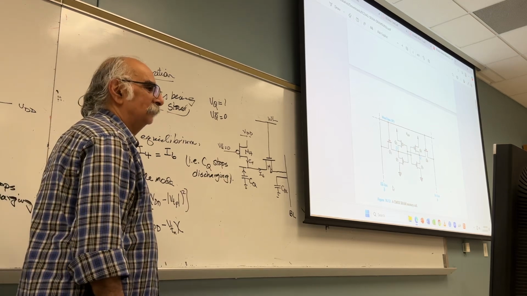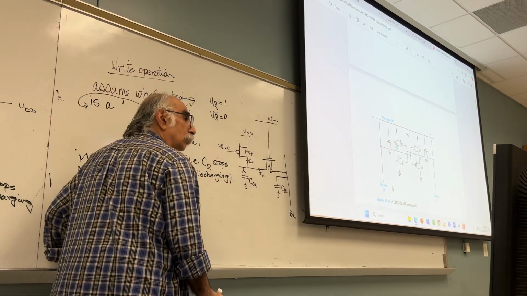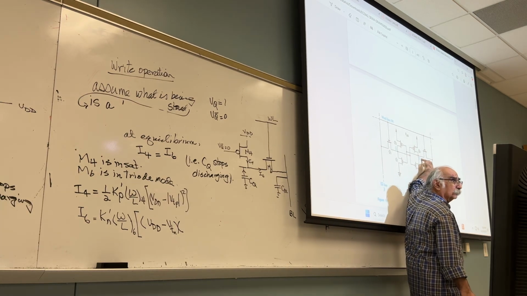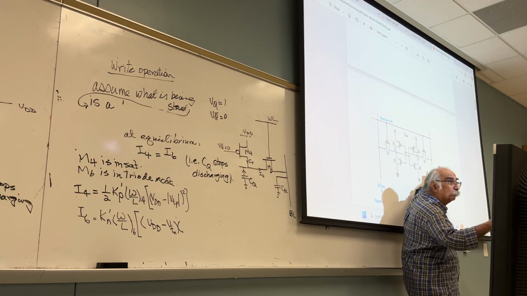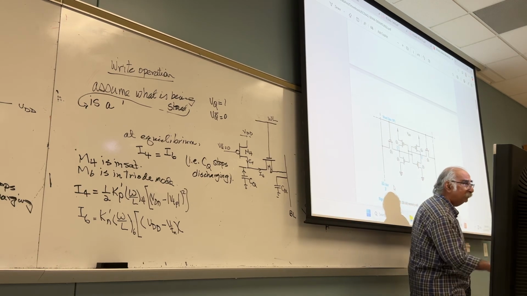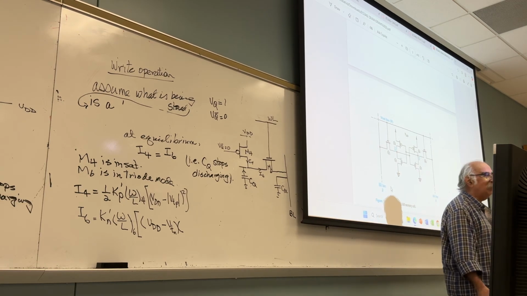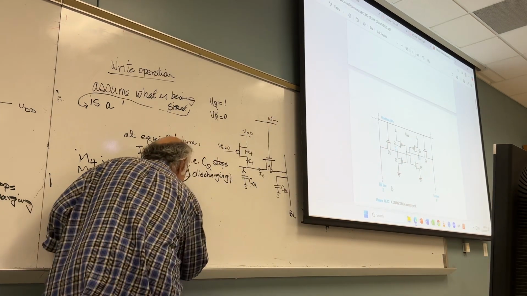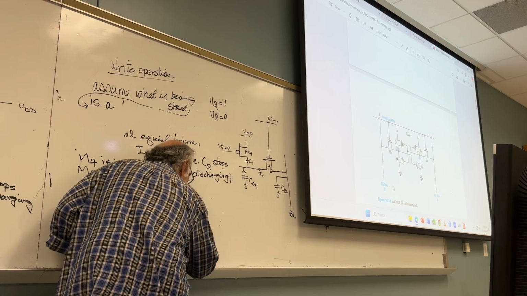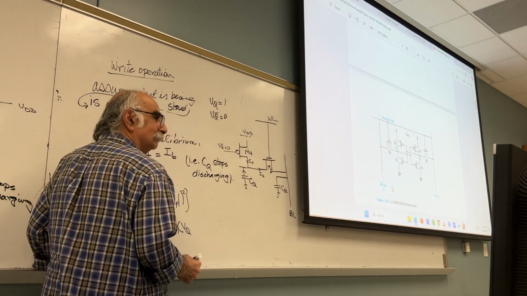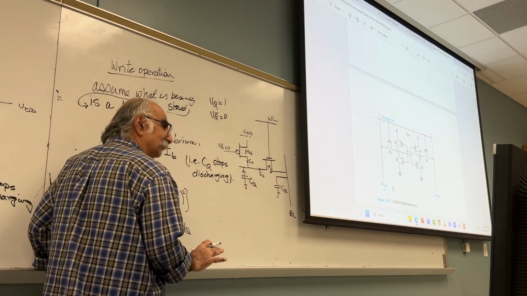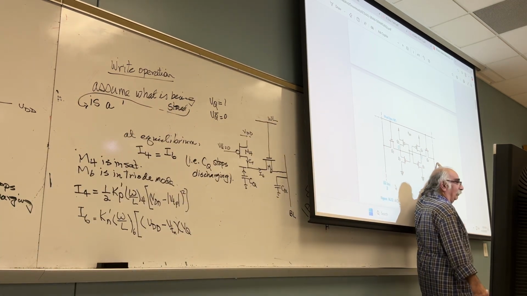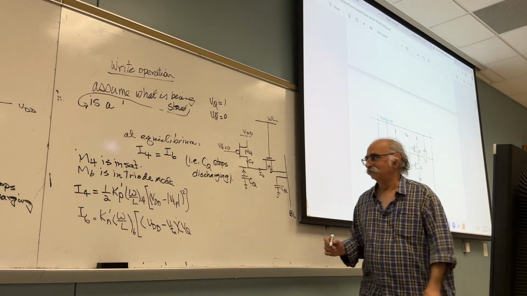VDD? No. This one is now what? VQ. Initially it was VDD, but it's no longer VDD. So what is it? Just VQ. Why? Because the source is grounded. VQ.